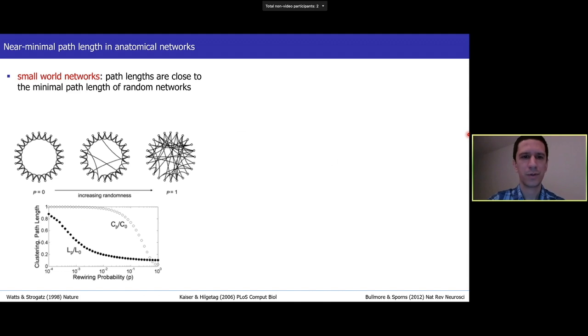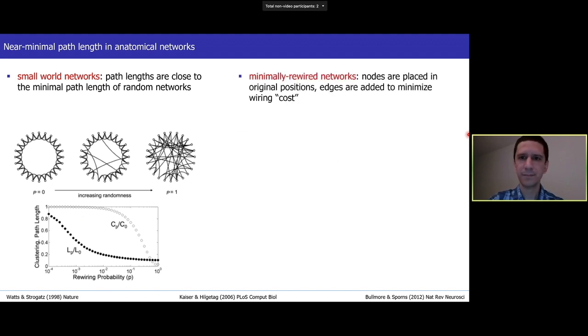They're very close to the theoretical minimum that you have with randomized networks. The fact that we find that most brains reconstructed with different techniques and at different scales are actually small world networks suggests that maintaining short path lengths is a desirable property.